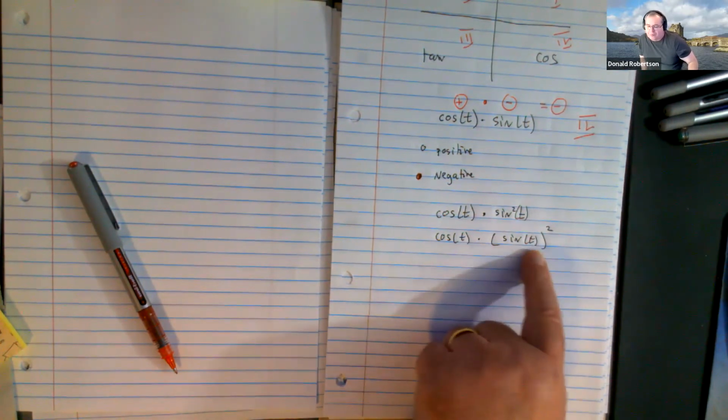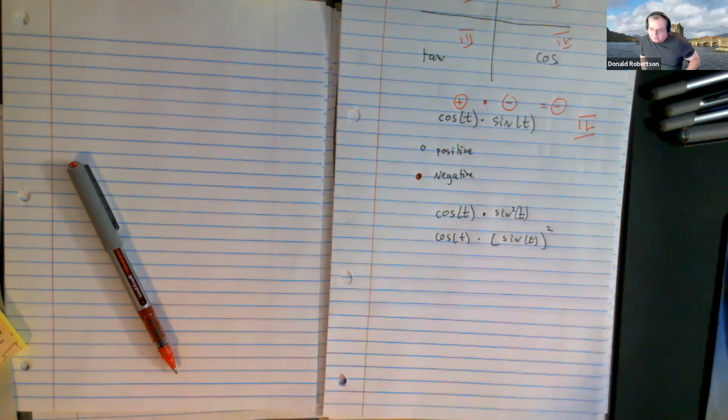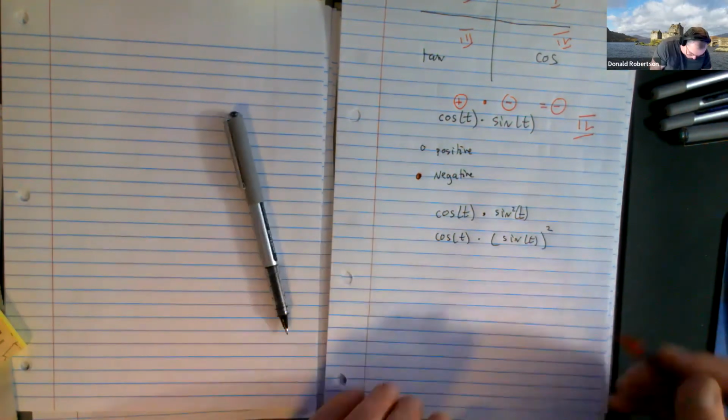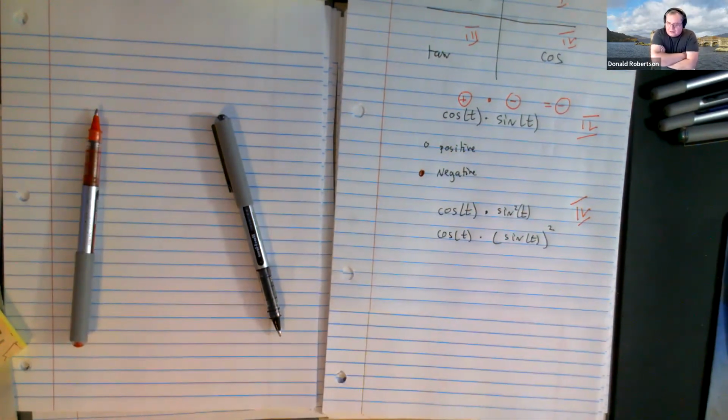Would you agree there's a lot of brackets here and that means the same, right? I'll keep it in the fourth quadrant. Told you, be careful, trick question. Positive or negative?